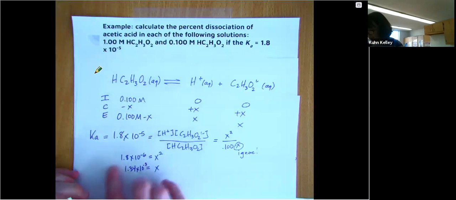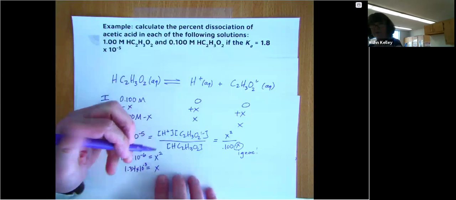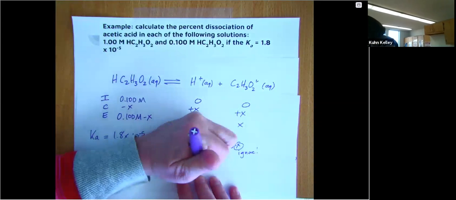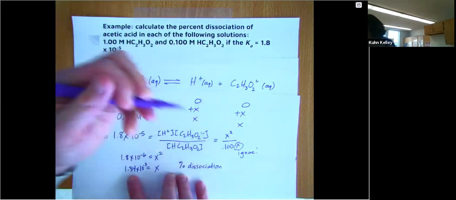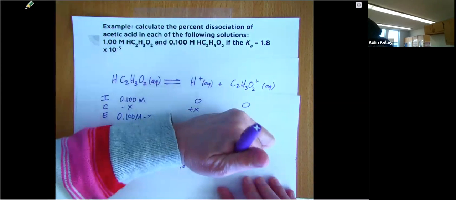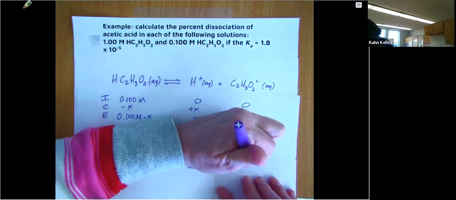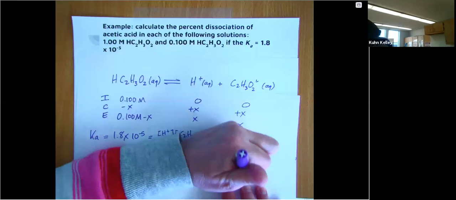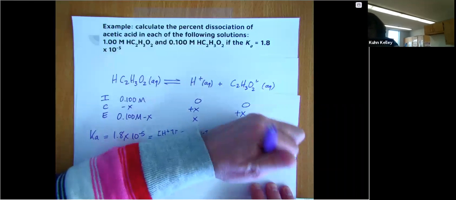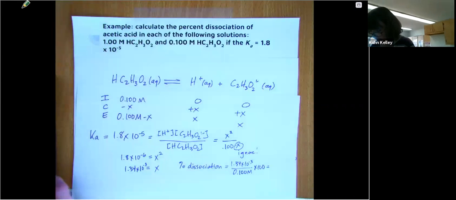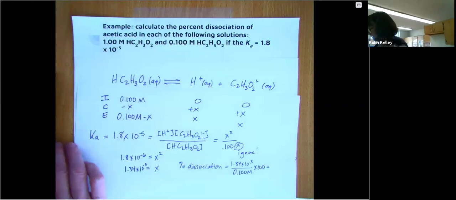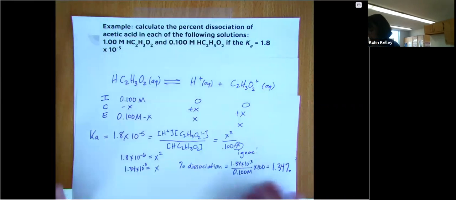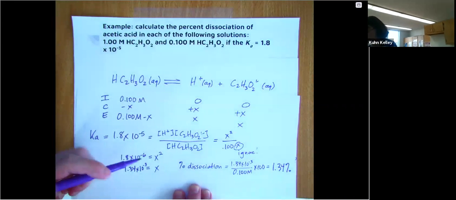So if that's my x, remember that percent dissociation is just how much breaks down, so that would be my x, divided by my concentration, which this time is 0.1 molar, times 100. When I put that into my calculator, I get that my percent dissociation is 1.34%.